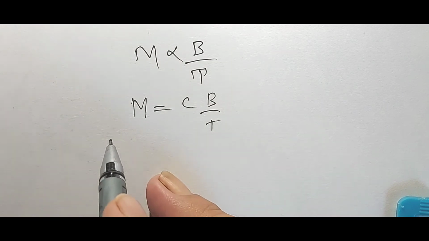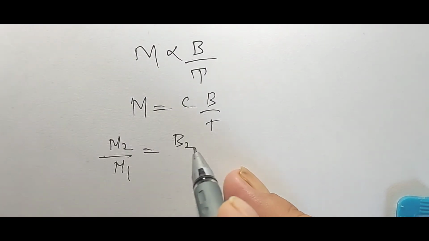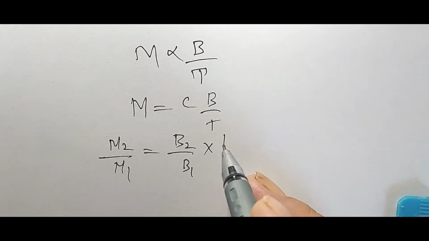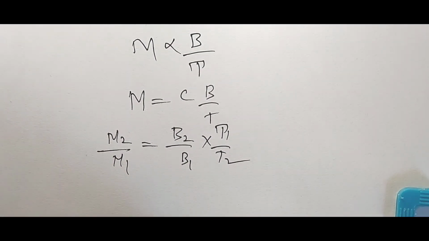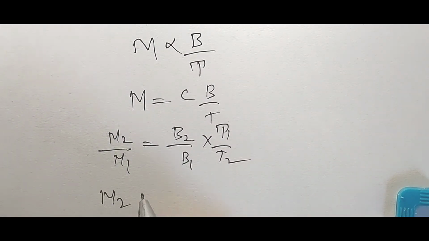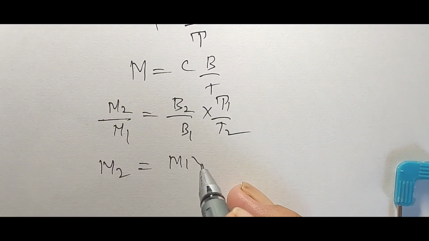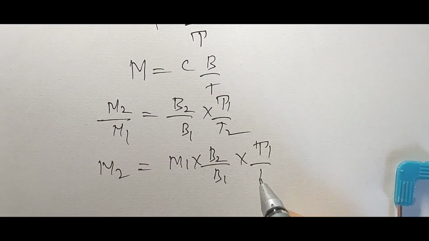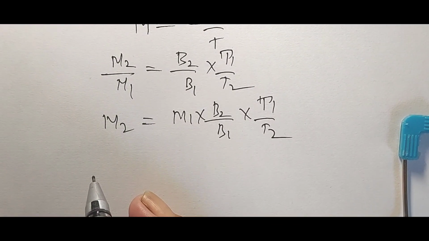From this we write M2 by M1 is equal to B2 by B1 into T1 by T2. Here M2 is equal to M1 into B2 by B1 into T1 by T2.